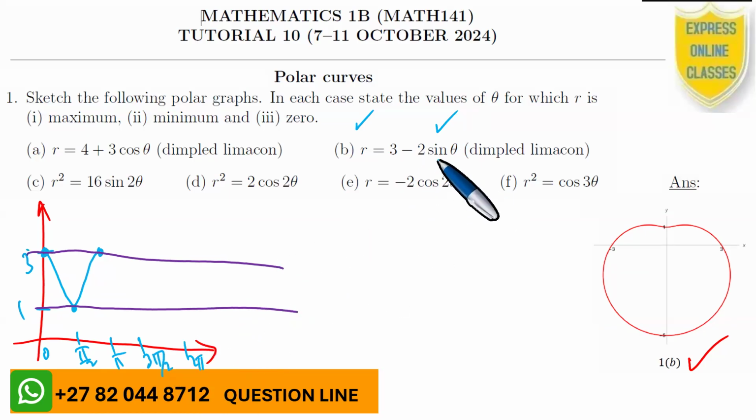At 3 pi over 2, because the sine of 3 pi over 2 is minus 1, minus 1 times minus 2 becomes a 2. 3 plus 2 is a 5. So it's going to be a 5 there. And at 2 pi, sine 2 pi is 0. It's taking us back to 3.